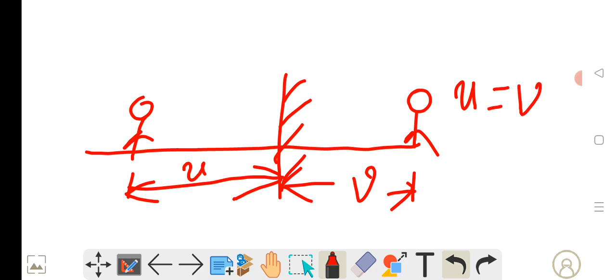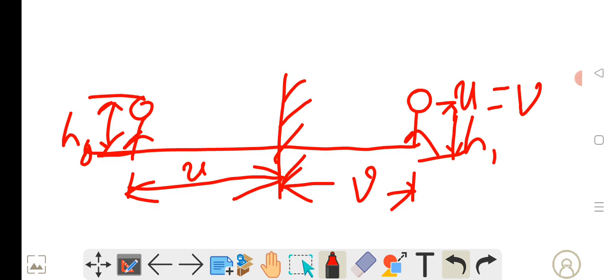Now size also will be the same. HO, height of object, will be equal to height of image. So the same experiment you can do.